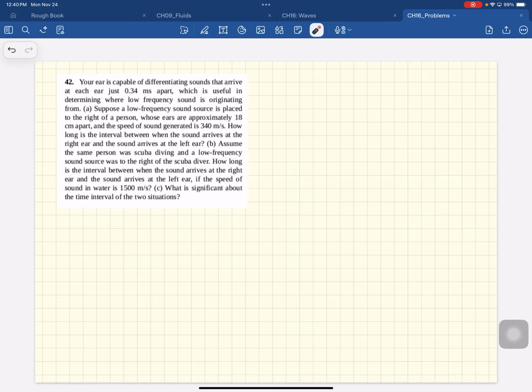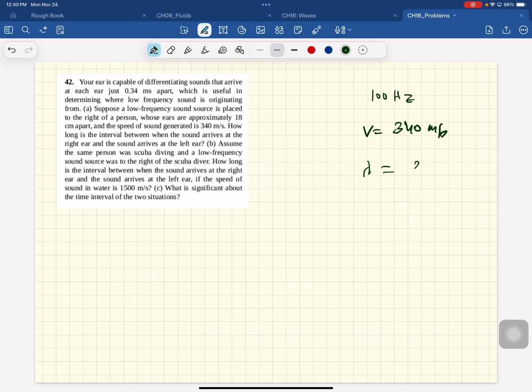So let's say it was a 100 hertz sound. V is 340 meters per second, so the wavelength would be 3.4 meters. If the wavelength of the sound is bigger than the size of your head, it's like your head is not even there, it'll just go around it.